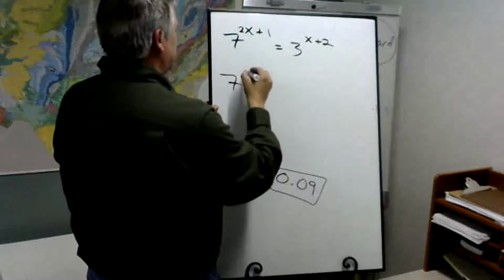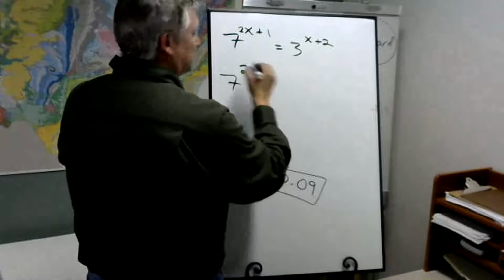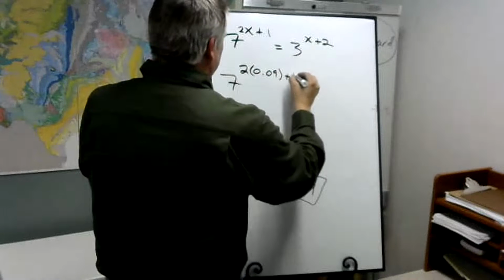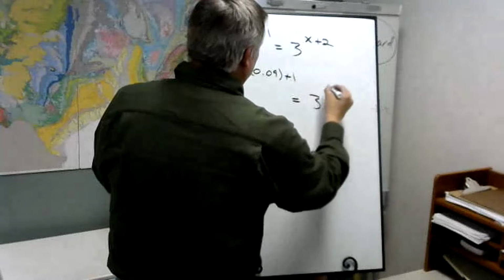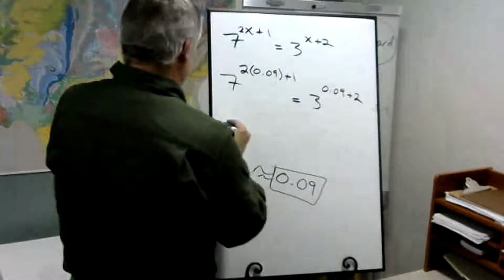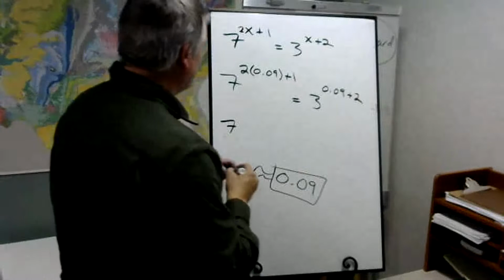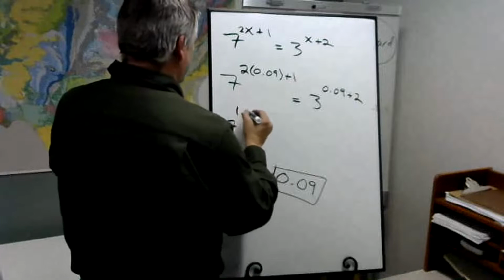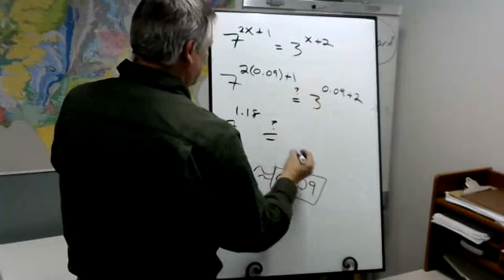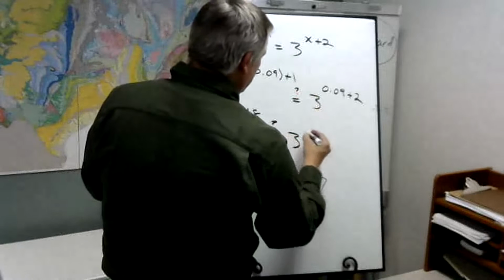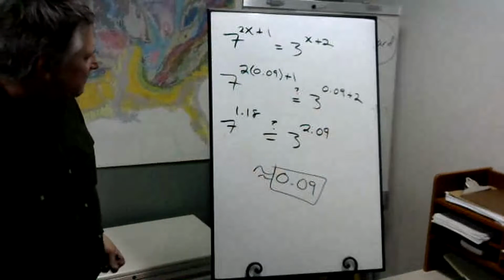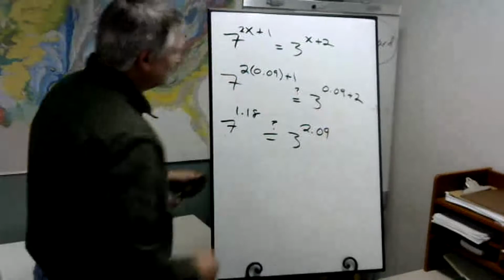So 7 to the exponent of 2 times 0.09, plus 1 equals 3.09 plus 2, or 7 to the 1.18. Does this equal 3 to the 2.09? Let me check my arithmetic here.